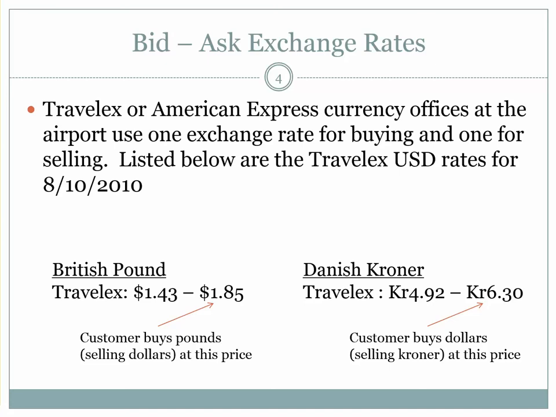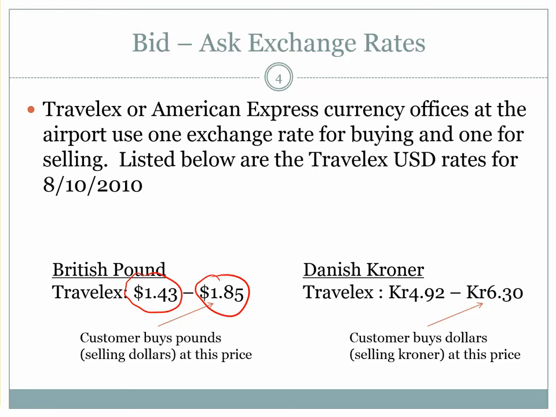Let's talk about how to use bid and ask exchange rates. A bid and ask exchange rate will be an example that if you go to an airport or you're in a city outside the airport, you might find a foreign exchange office. So for example, you go to an office, and these are some rates I found a few years ago when traveling, that the quoted price for the British pound was 1.43-1.85.